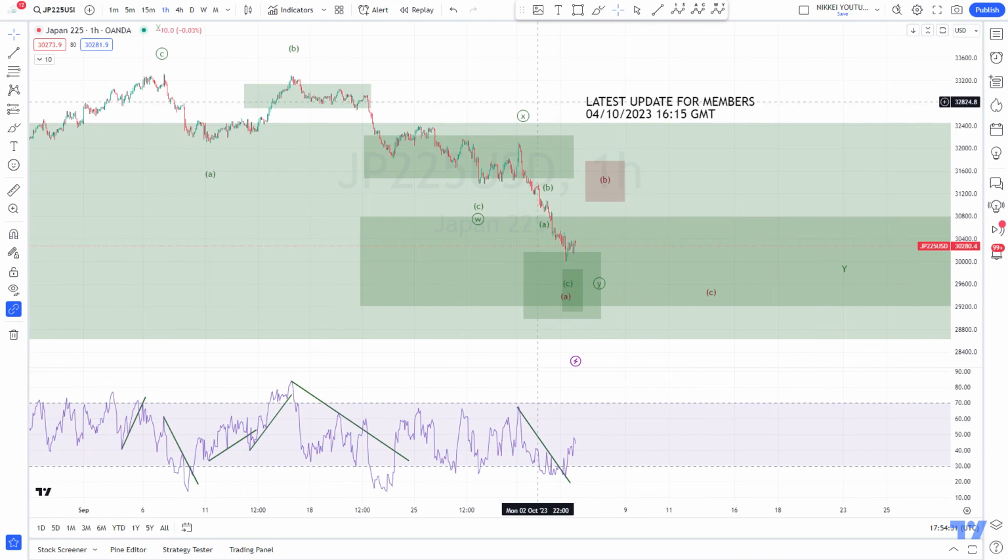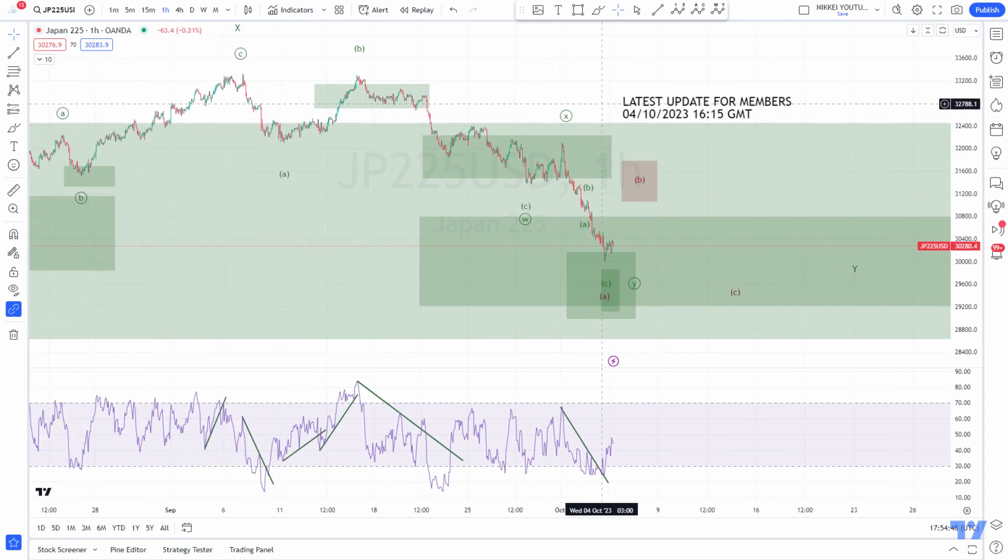If you follow me for a while, you should know that I put my primary scenario in green, my secondary scenario in red, unless I say that I do not really prefer one scenario over the other. And this is actually the case right here. I think there is a chance that our ABC structure is actually situated here. And that would mean that the Y leg can be finished right here, so that the low is in or is almost in.